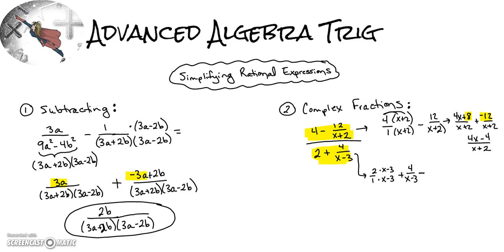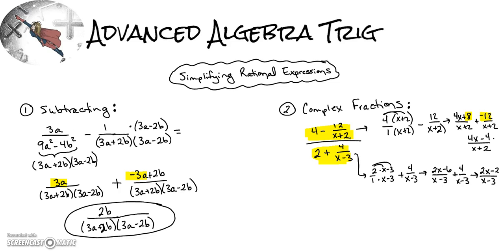So when I distribute this 2, I'm going to get 2x minus 6 over x minus 3 plus 4 over x minus 3. And then when I add my numerators, I can combine the negative 6 plus 4, so I'm going to get overall 2x minus 2 all over x minus 3.